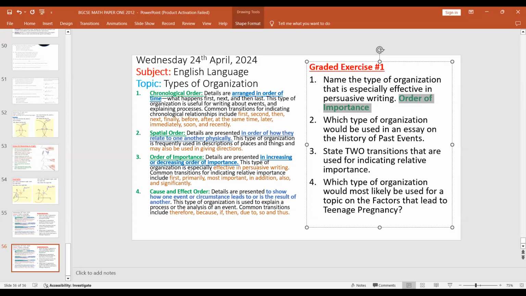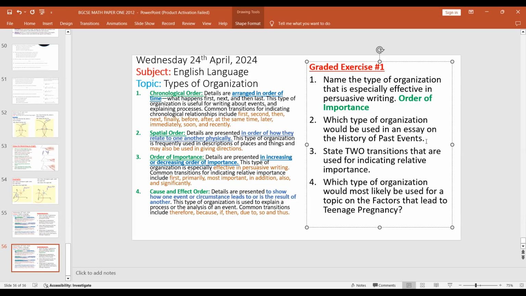Go ahead, Samantha, read the second question. What type of organization would be used in an essay on the history of past events? Very good. Which one did you put for that one? Cause and effect? No. I put chronological order. Yes, chronological order.